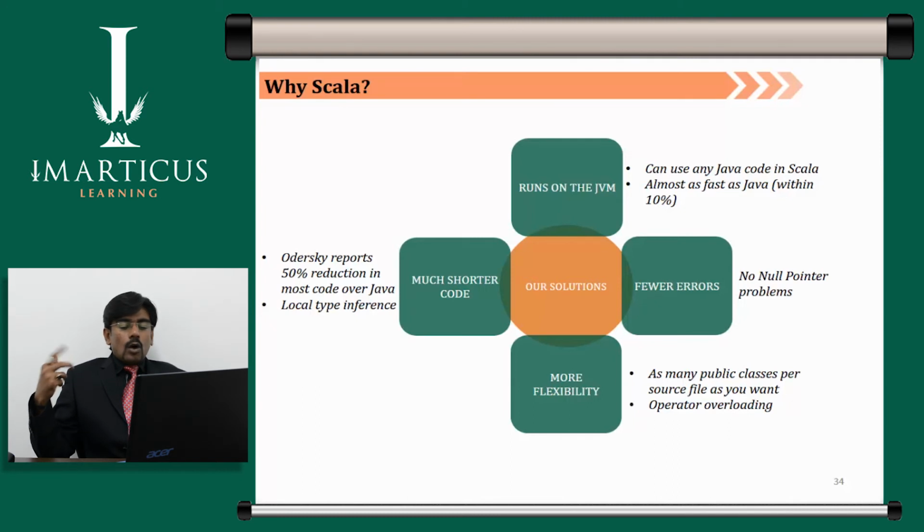Scala has all types of objects, type inference, nested functions. All functions are objects. We have domain specific language support, traits, closures, and concurrency support inspired by Erlang. So these are the basic added features in Scala which are not there in Java, and which make it more appropriate for data science.